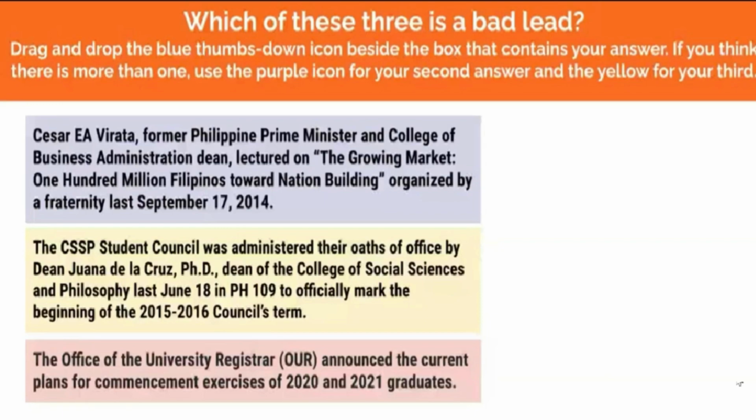Pero parang it does not specify the plans that this university registrar wants to have. When we write our news article, we present the what, and then dapat andun din yung so what. Okay? The what? What's that article about? Or what's that news about? Pero dapat pinapasukan natin ng so what?